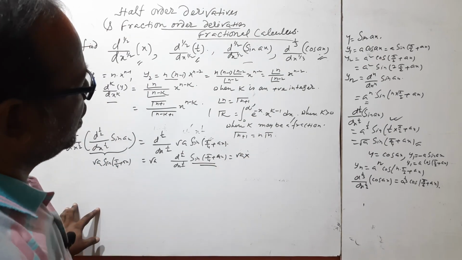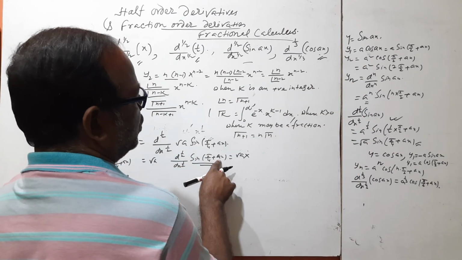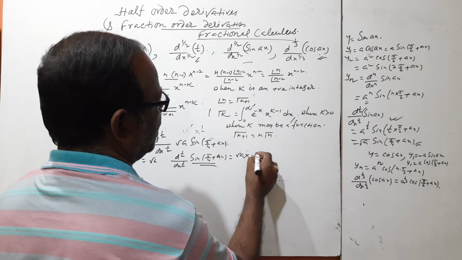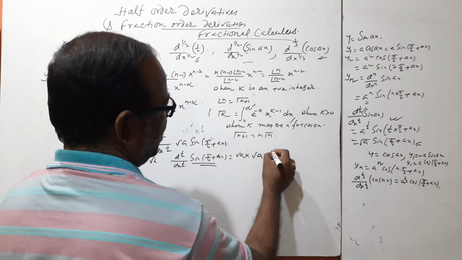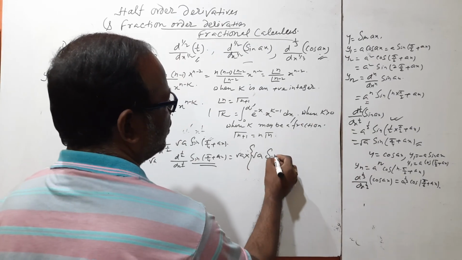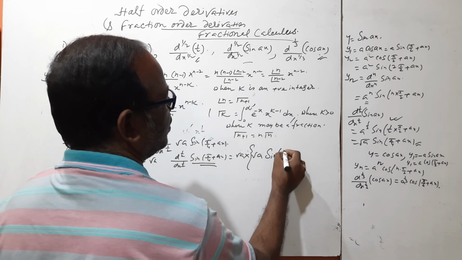For the same pattern, the coefficient of x is a. So the half order derivative we can write as root a and sine of, from this theorem, n means here half order.